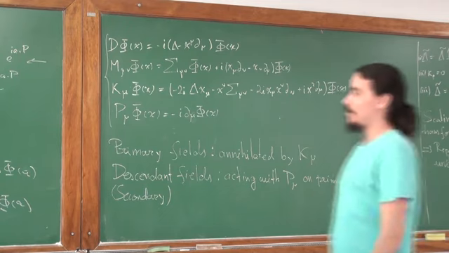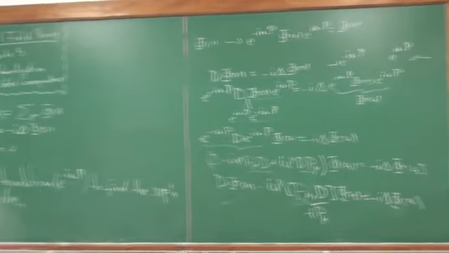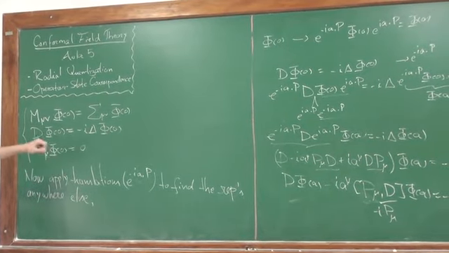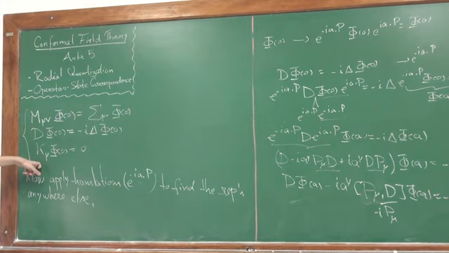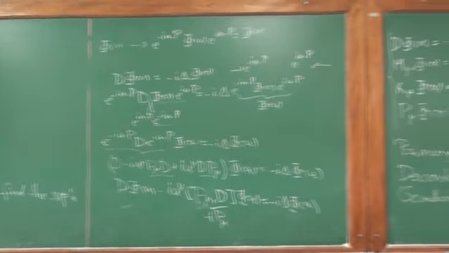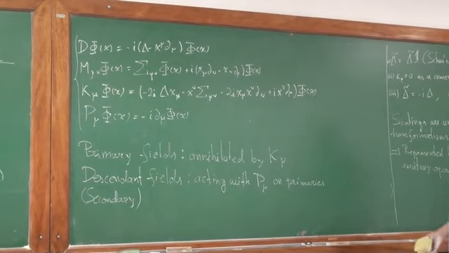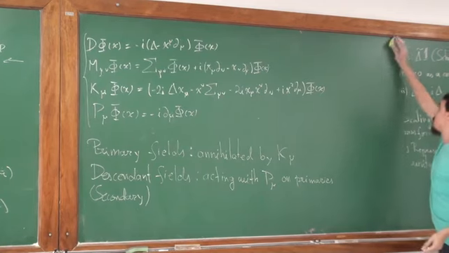And by looking, especially here already, you can see a class of primary fields triggered. Any field inserted at the origin will be annihilated by the special conformal transformations. Okay, so we have a natural class, if you want, for primary fields in any set T. Again, these fields can be anything.